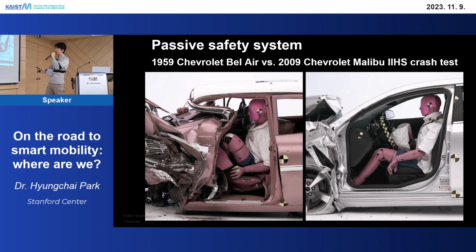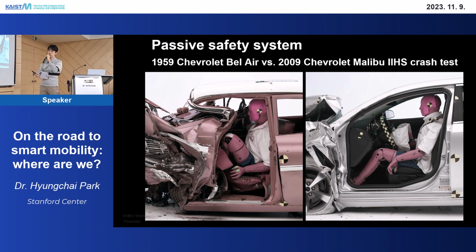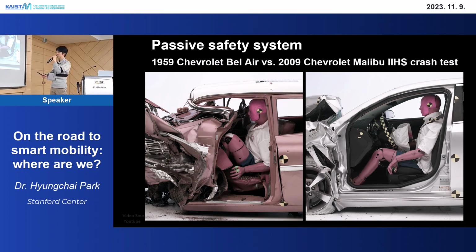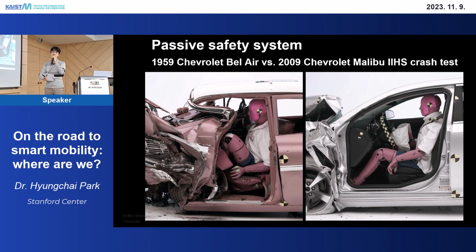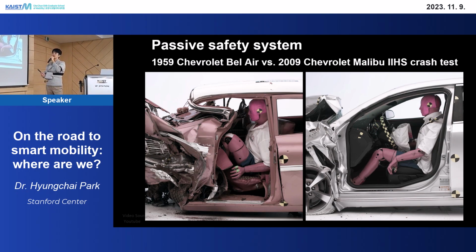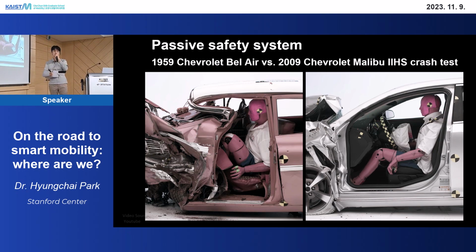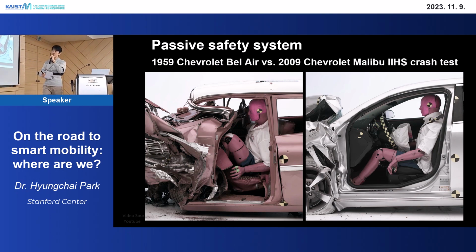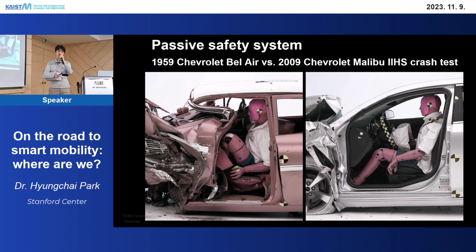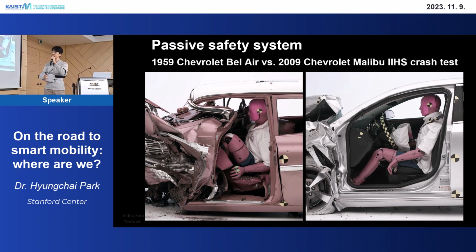So the Malibu driver would have been okay with minor injuries. He might just walk away right after the accident. So how is this kind of development possible? All developments are thanks to your senior engineers' blood, sweat, and tears.